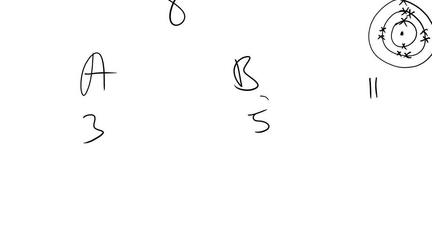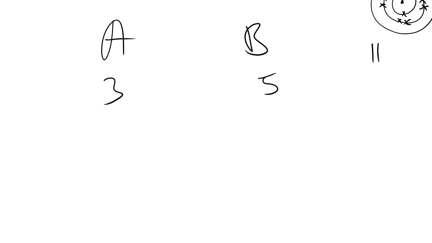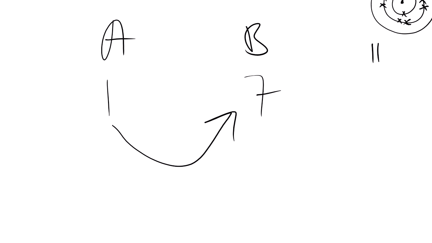It is B, because B has 5, so it has more shares than A. And if A has only 1 while B has 7, then A is more likely to keep quiet and leave B to control everything, because B has almost everything.